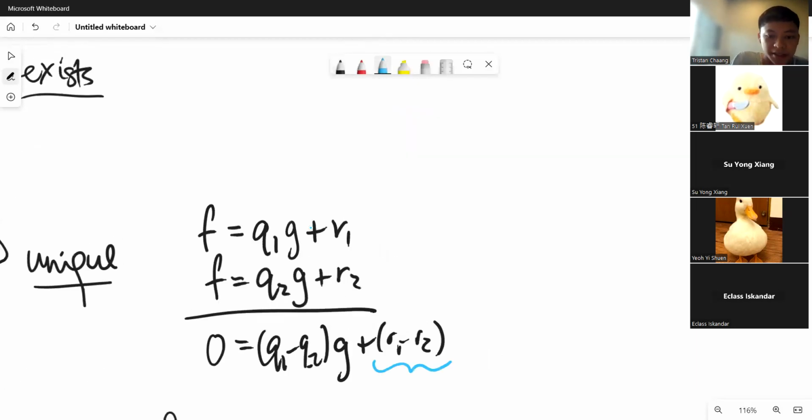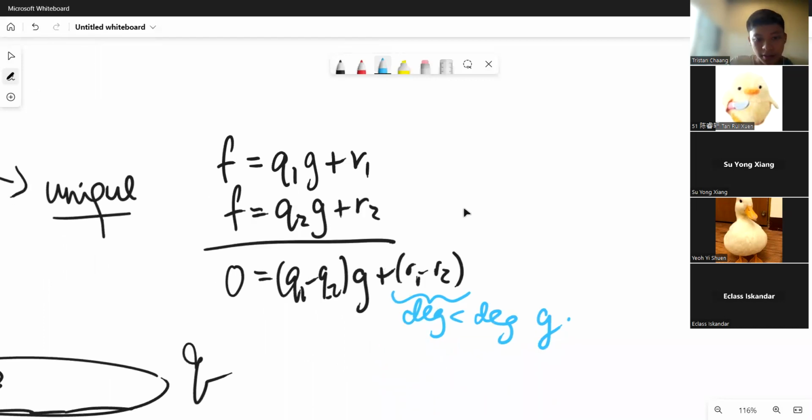And notice that this thing has degree less than the degree of G. But then this thing has degree of G. So if Q1 minus Q2 were non-zero, a non-zero polynomial times G will be a polynomial with degree at least the degree of G. And they cannot add up to the zero polynomial.